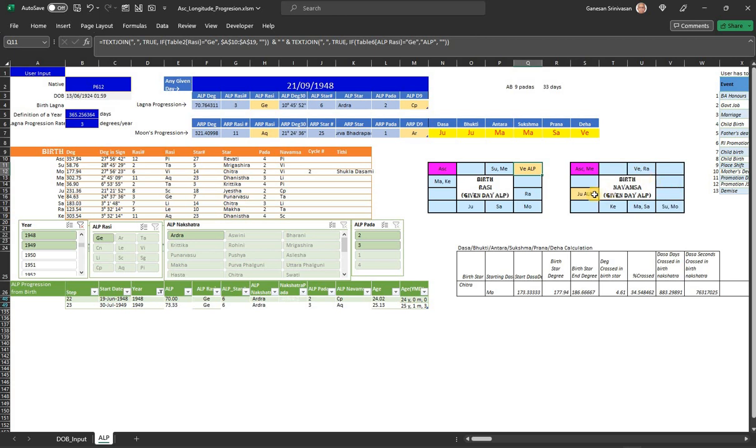Okay, here it is from Alp, it is in the 5th. That is a little more stronger. From Alp, Rahu is in the 5th, and Rahu is the Ardra Lord.